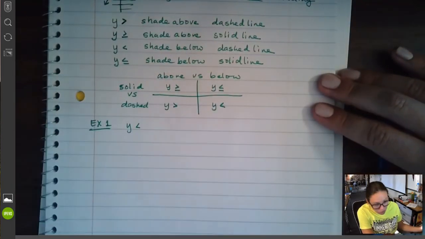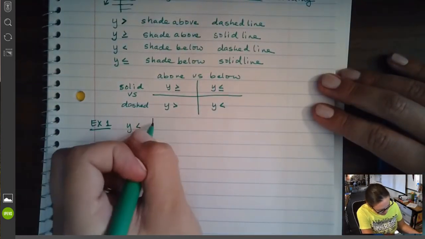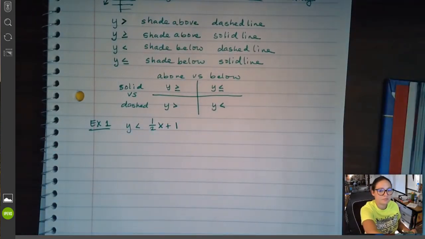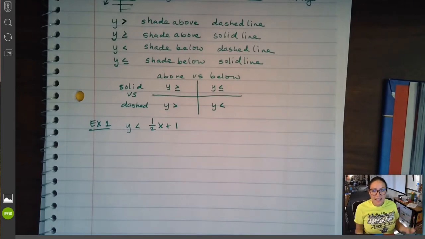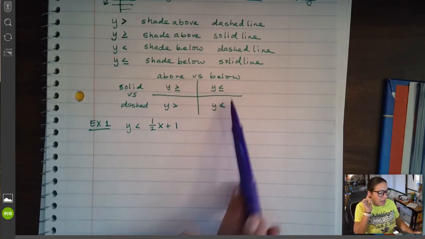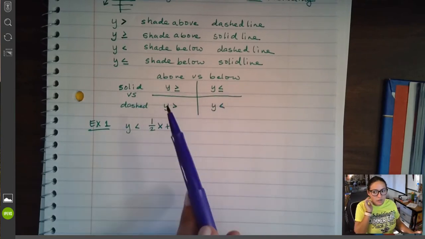we're going to graph this. Y is less than 1/2 x plus 1. Now, if I asked you to graph y equals 1/2 x plus 1, you would know exactly what to do. You would start at 1 and go up 1 over 2. And we're going to still do that. The only difference is we have to make these two decisions first.